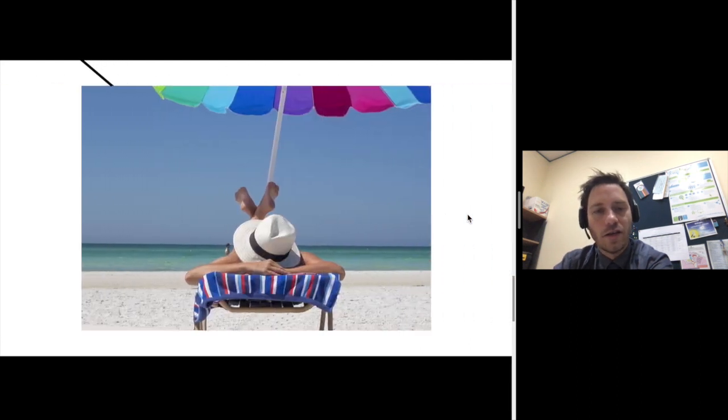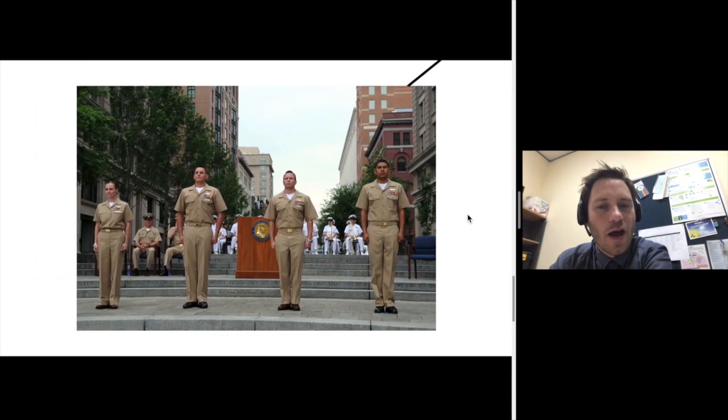And we see this person is very much relaxed. They're on a beach. They're relaxing. They're not caring too much about what they're doing, or they could be caring about what they're doing, but they're not really showing it. Okay, so these two sets of people, you'd imagine, would have very different ways of working.